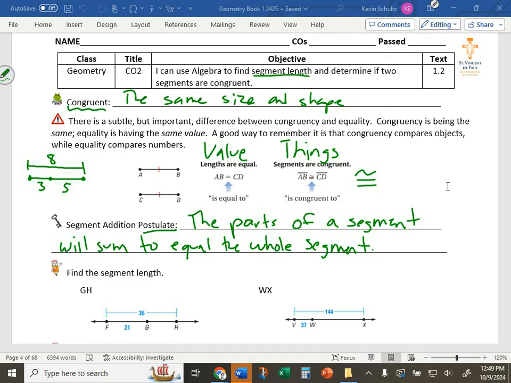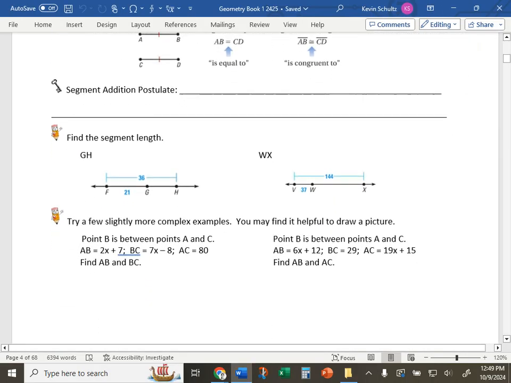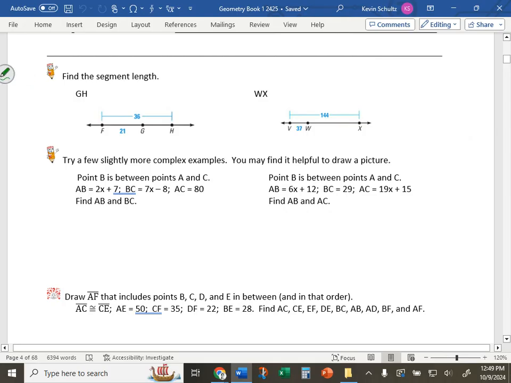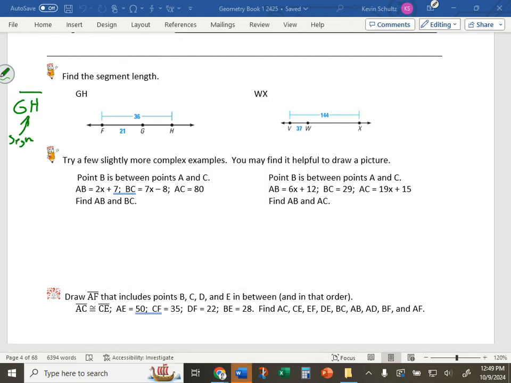Okay. So here's how we can use this. It says find the segment length, and when you see this notation here, without the segment bar over it, it's talking about the value of, the measure of. If you saw GH with the segment bar over it, this refers to just the segment, the thing.